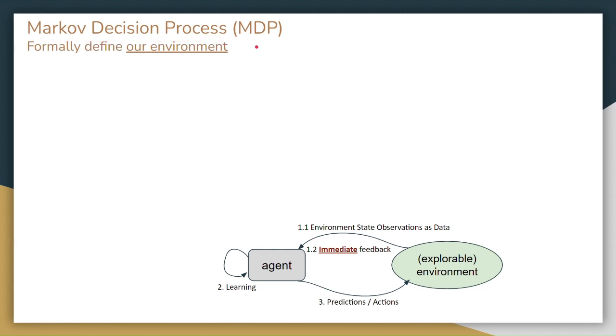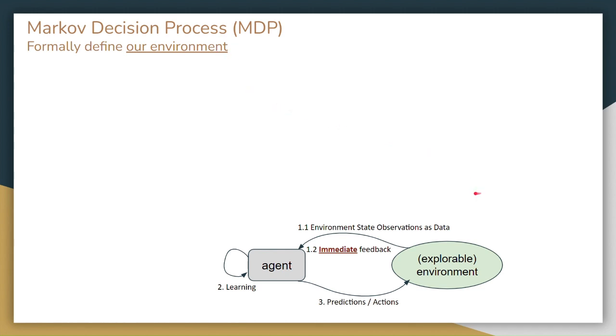You're going to see this MDP, or Markov decision process, everywhere. You go study reinforcement learning in any lecture, in any book, you're going to see this MDP. So at least you have to understand that when you see MDP, it means environment. It's the proper mathematical notation of your environment.